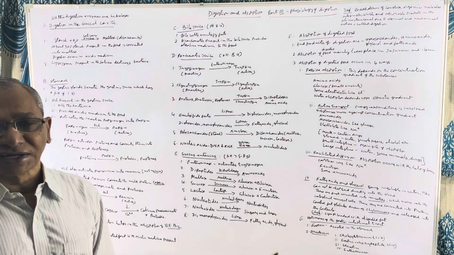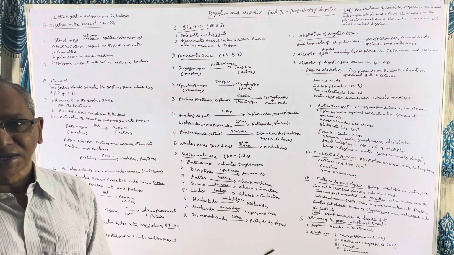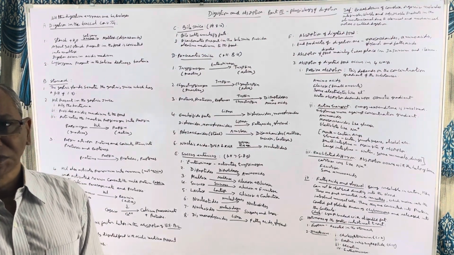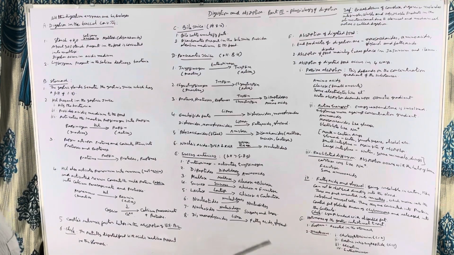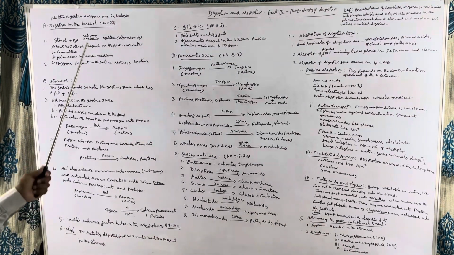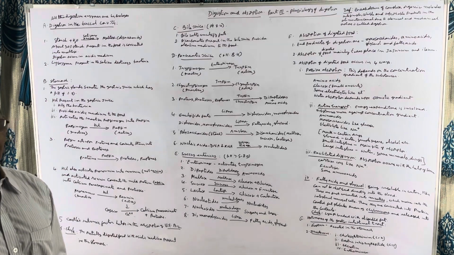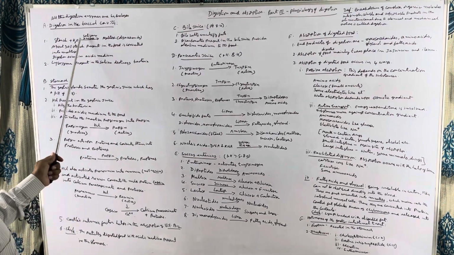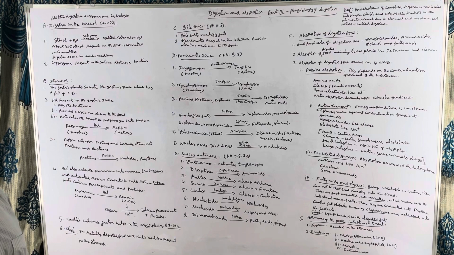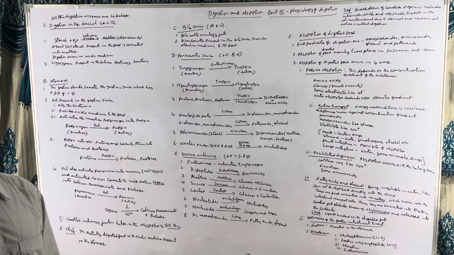The salivary glands secrete slightly acidic saliva. Saliva contains one enzyme, that is salivary amylase or ptyalin. It acts upon the starch and converts starch into maltose, a disaccharide sugar.